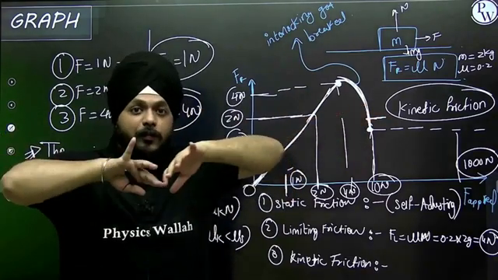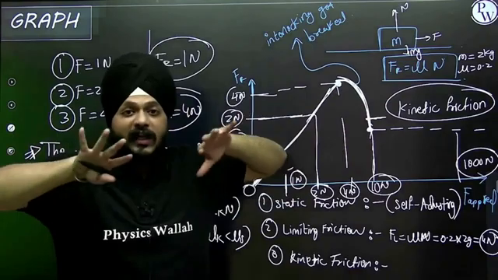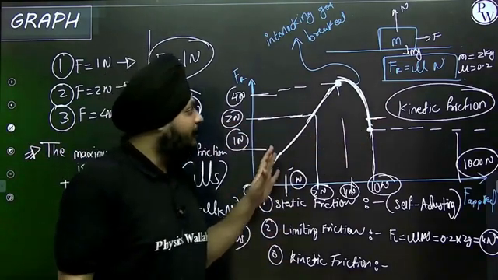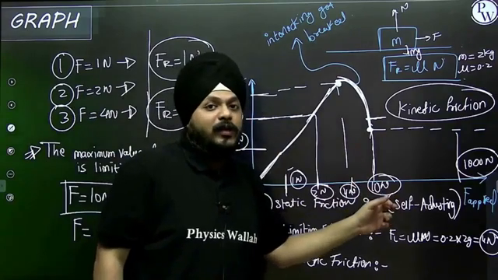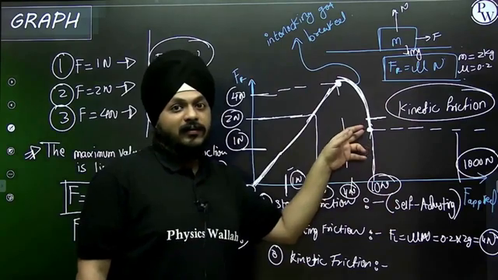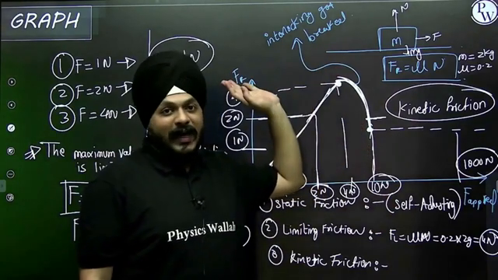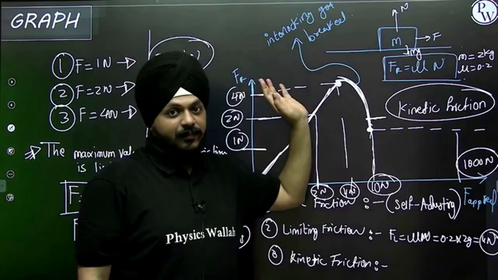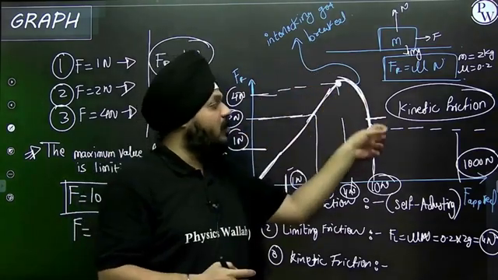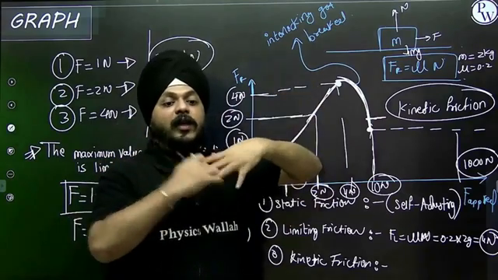After that, if the external force increases its value, static friction is not going to do anything. If 10 Newton is applied and it has crossed the limiting value, the interlocking will break. Now the role of static friction ends here. One jerk is obtained, which shows the breaking of the interlocking.